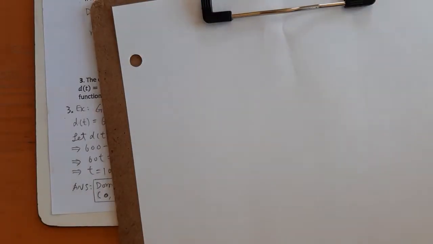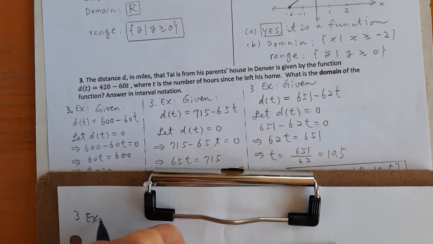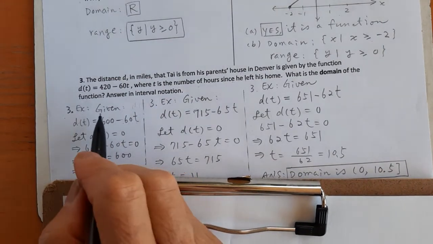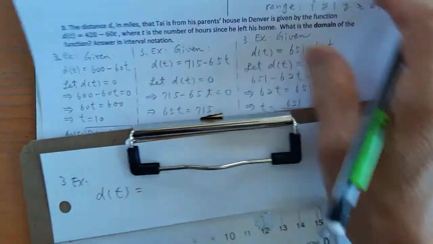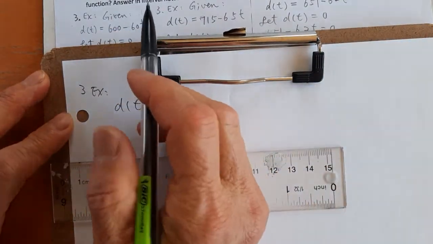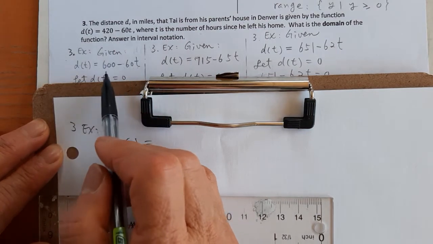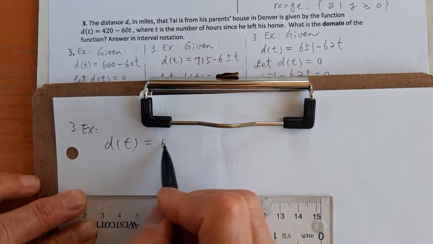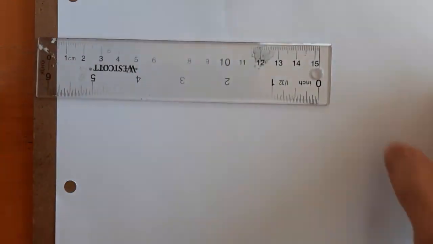Given your homework question, d of t is this, so I change it to 600 minus 60t, and find the domain of this.